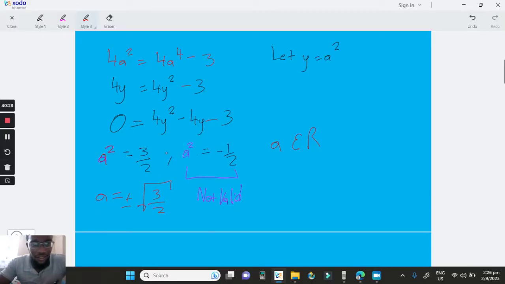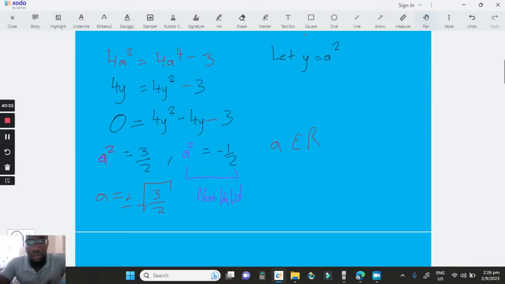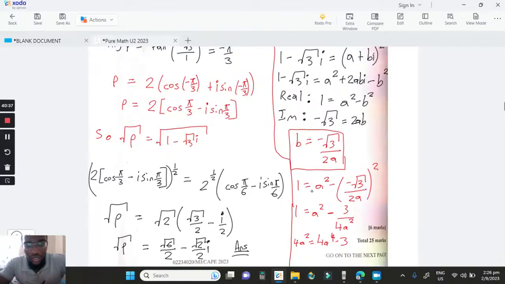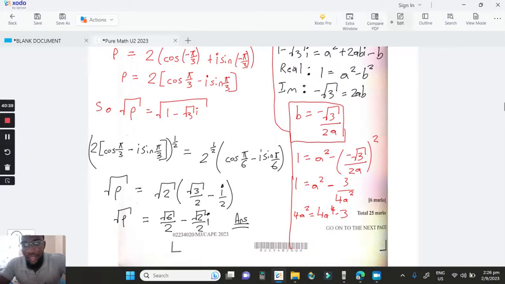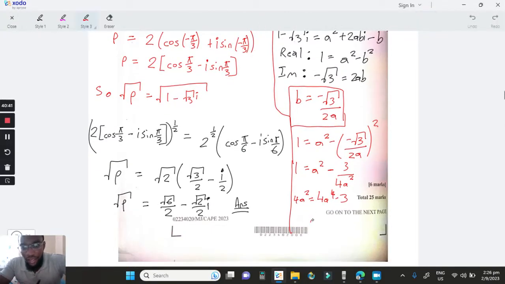Alright. And once you get a, then now we're able to find b. Because remember what b was. Let's go back. From our calculations here, a worked out to be the square root of 3 over 2. And so b, remember, would be this.